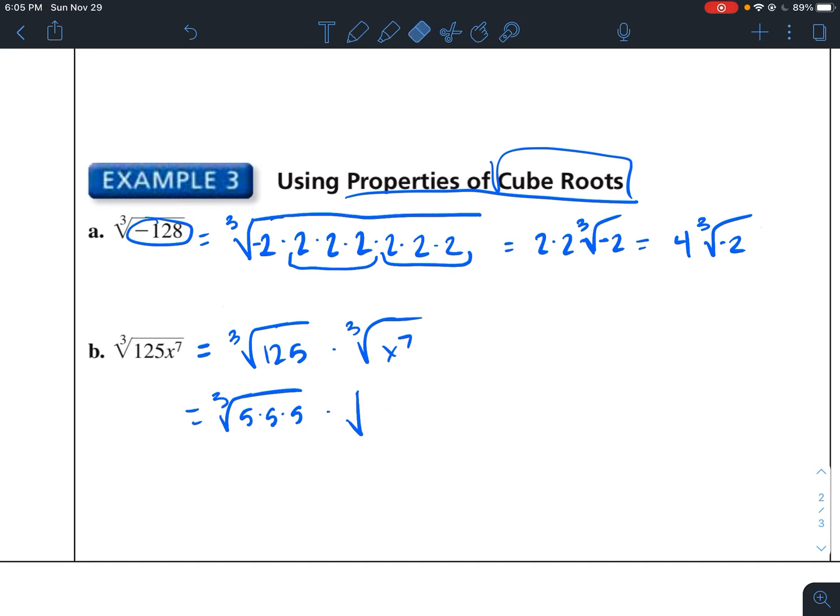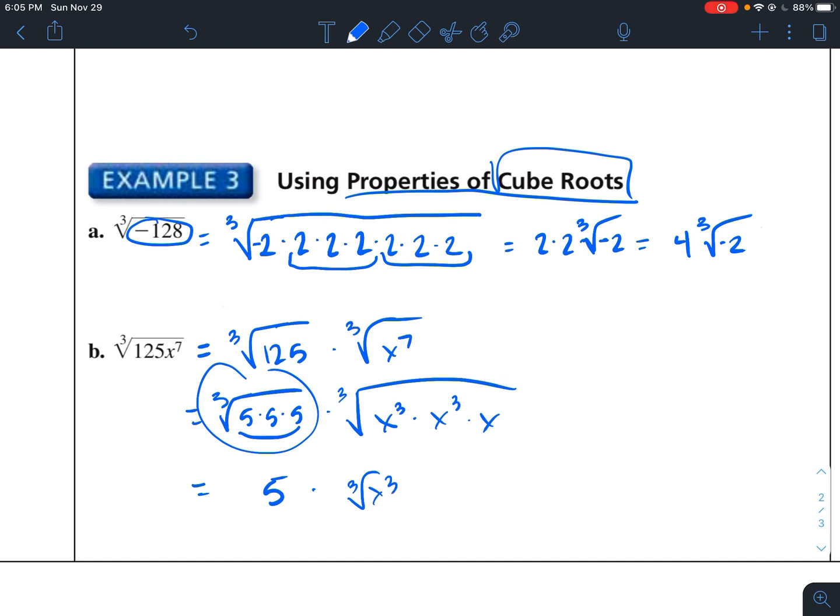Basically, what we could do is say that this is equal to x cubed times x cubed times x, because this right here is equal to x to the 7th power. So this, we know, will be 5, because there's a group of 3 right there. So 5 times, now this is the same thing as the cubed root of x cubed times the cubed root of x cubed times the cubed root of x.